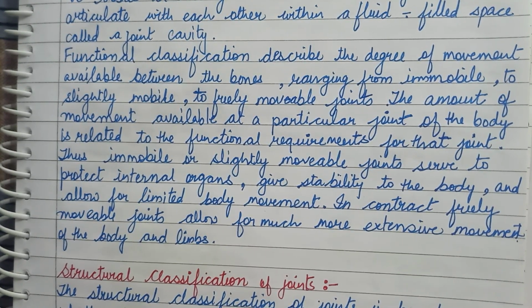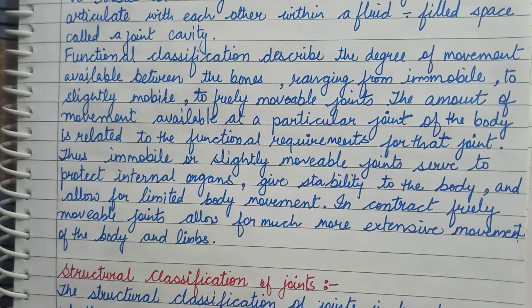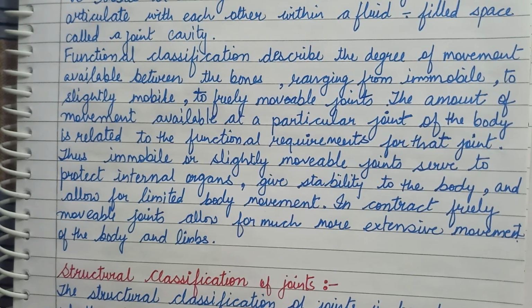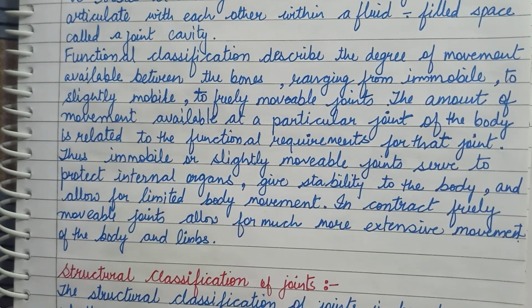The amount of movement available at a particular joint of the body is related to the functional requirements for that joint. Thus, immobile or slightly movable joints serve to protect internal organs, give stability to the body, and allow for limited body movement.